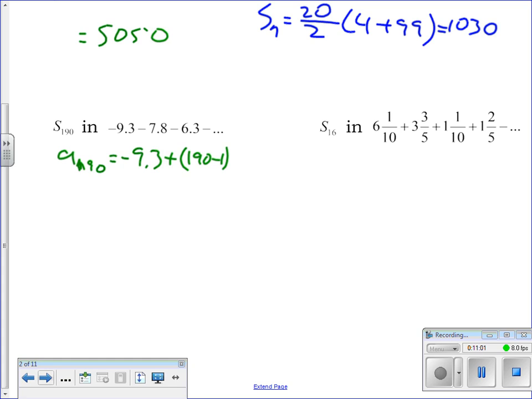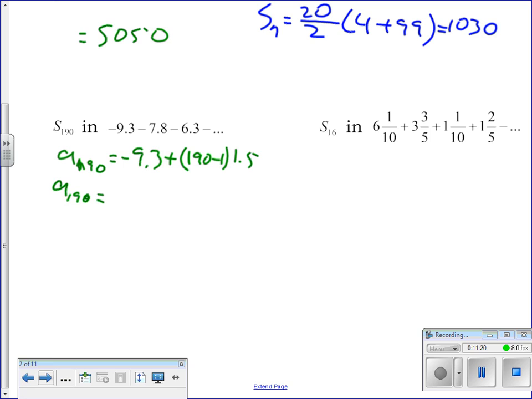Once again, calculators come in handy. To find it, take 1, subtract the 1 in front of it. That'll give you what it is. Do the arithmetic. A 190th term.